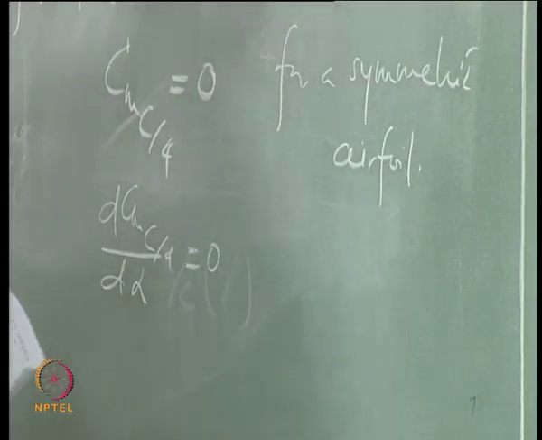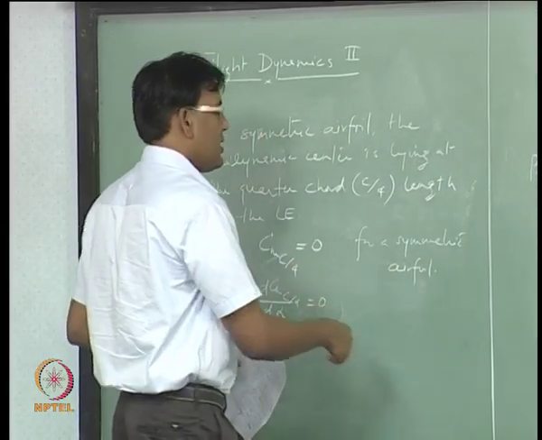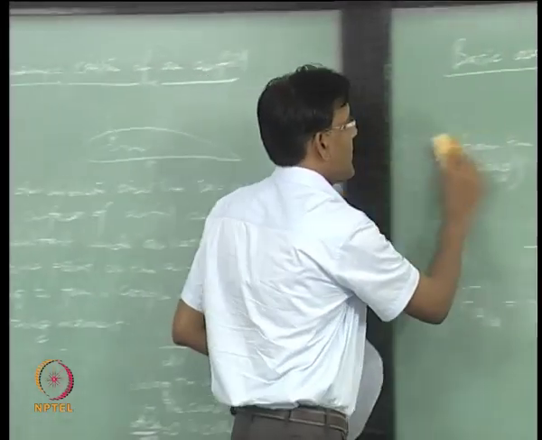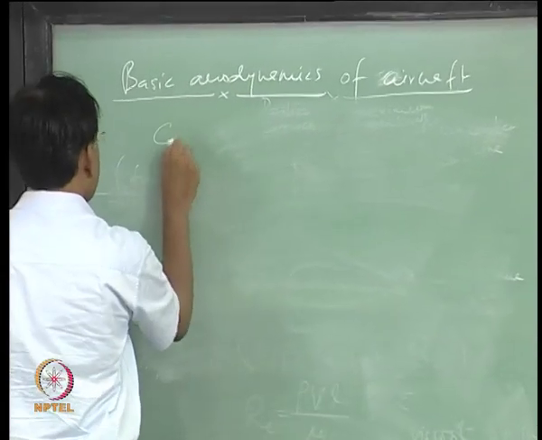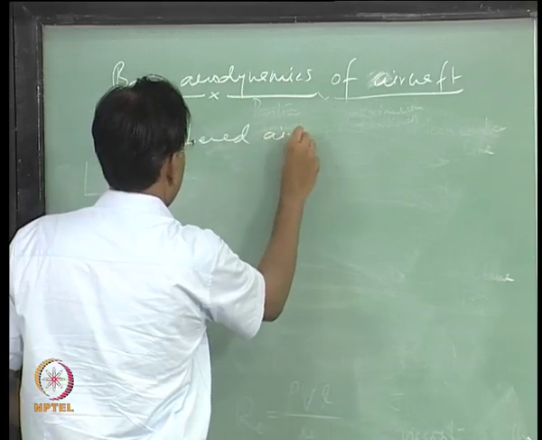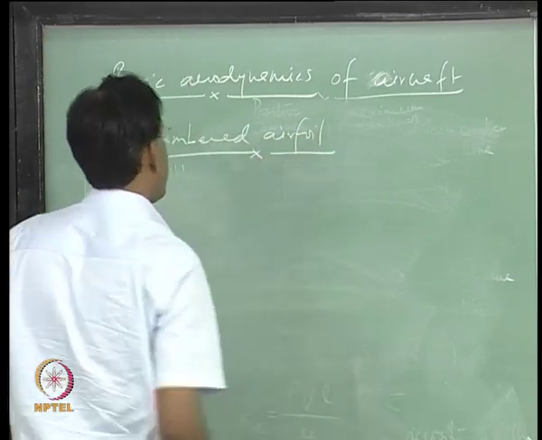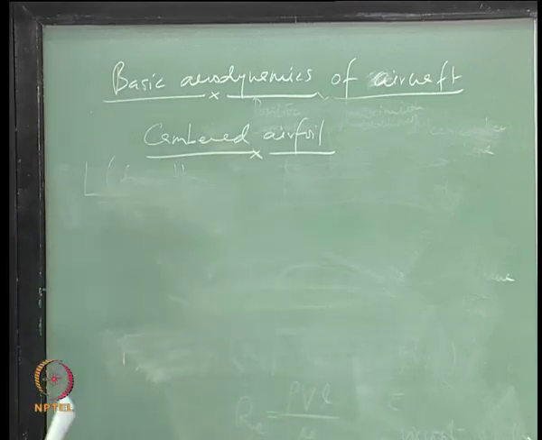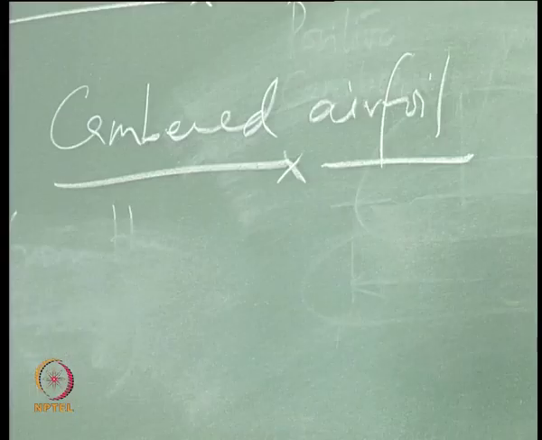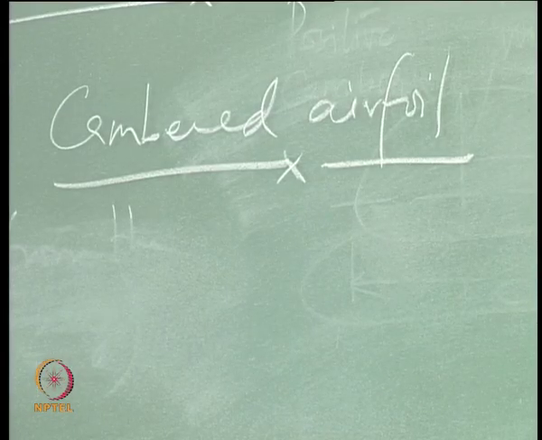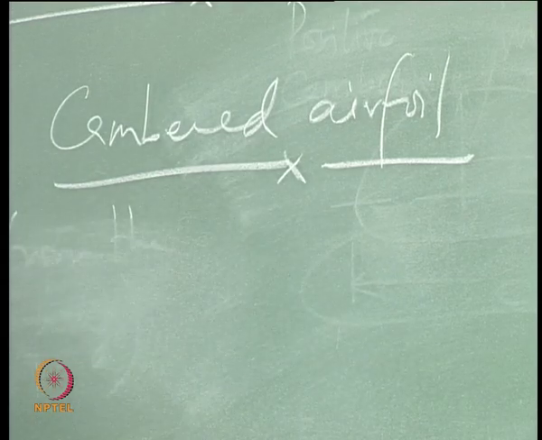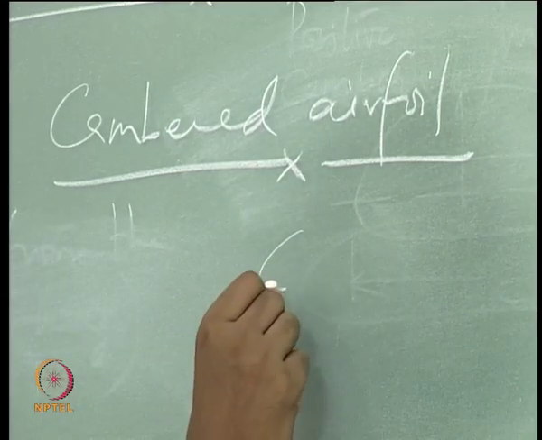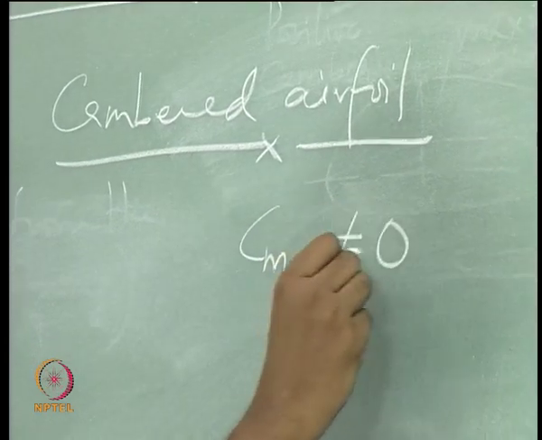In case of a cambered airfoil, the loads coming from the aerodynamics are not acting at the same point, and they are giving rise to a moment about the quarter chord, which is not zero.